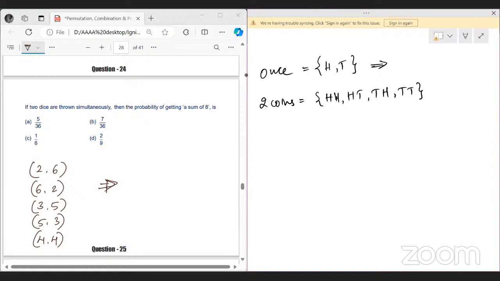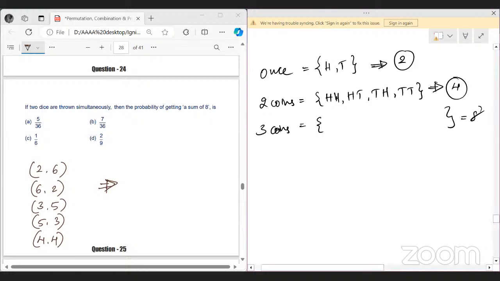Total number of outcomes here is 2, and here it is 4. If you flip 3 coins at a time, the number of outcomes will be 8. If you flip it n number of times, the total number of outcomes will be 2 power n.